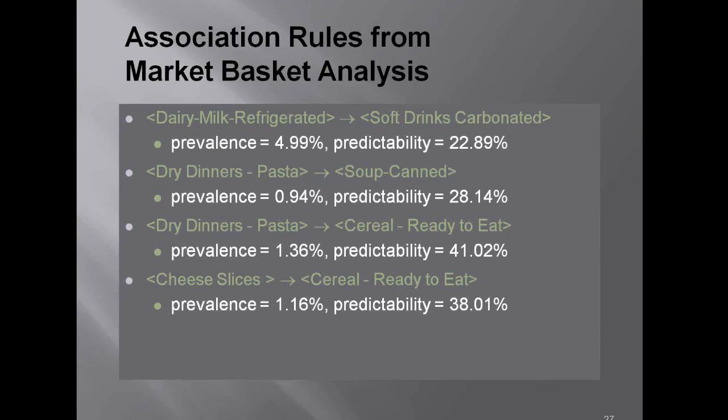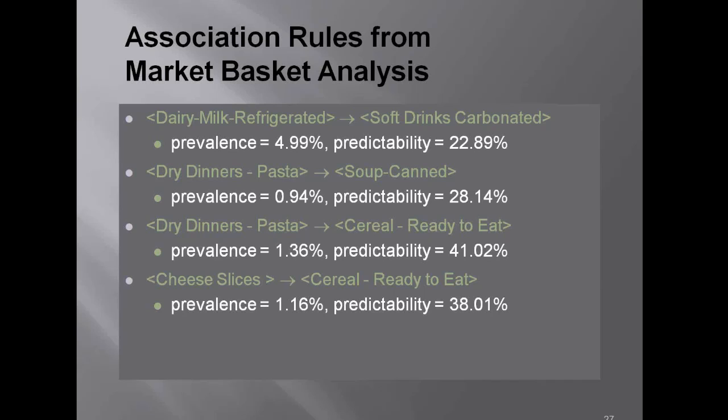Okay, we're going to try to associate rules using market basket analysis. So if we're going to have, say, refrigerated dairy milk for supper, then we'll have carbonated soft drinks.